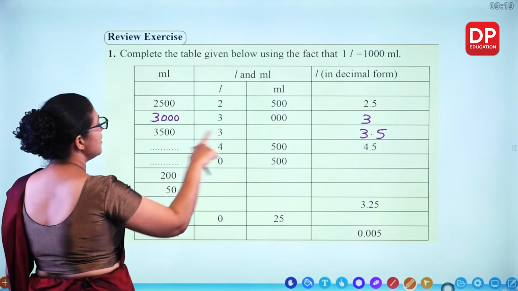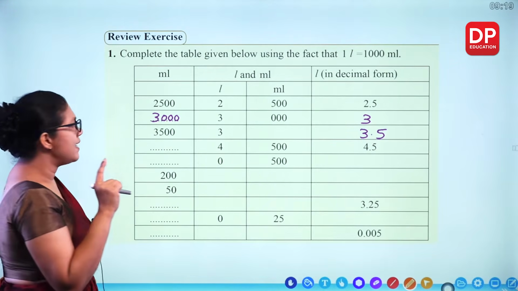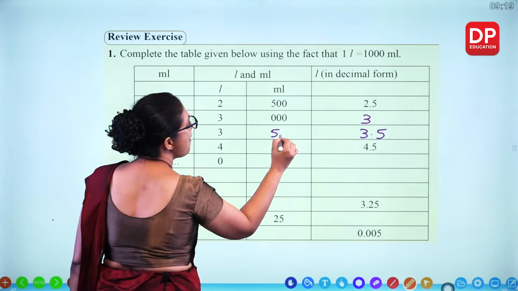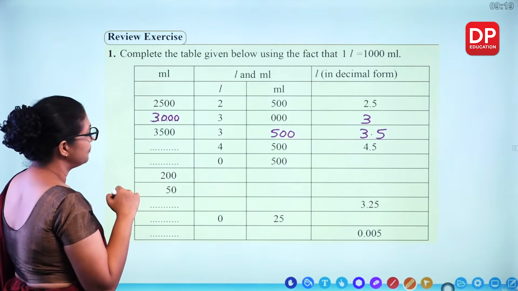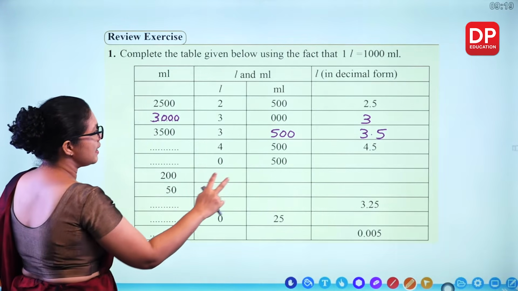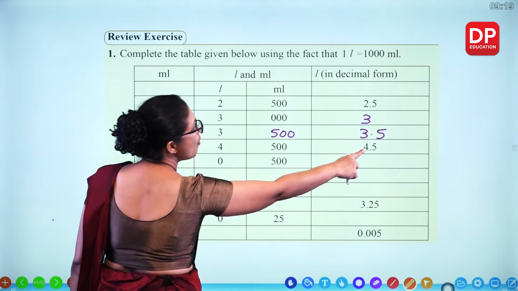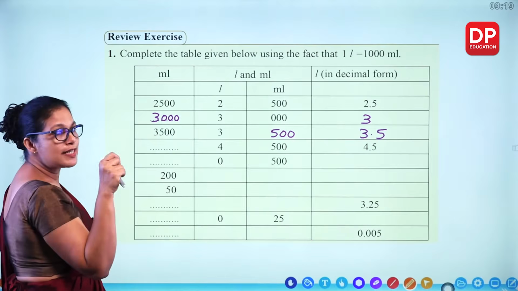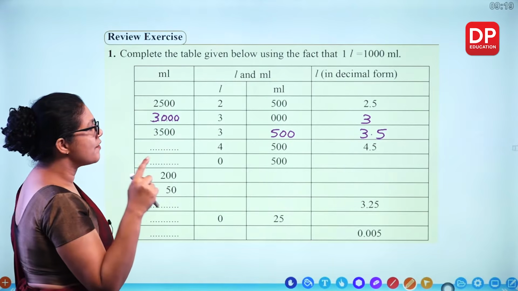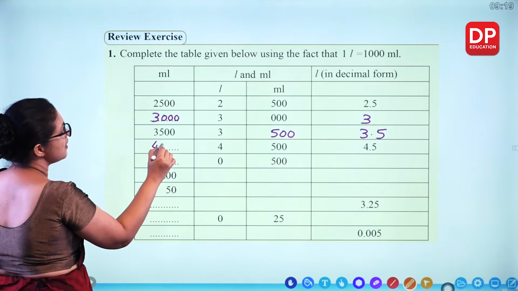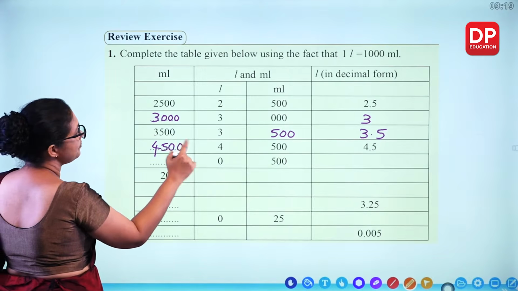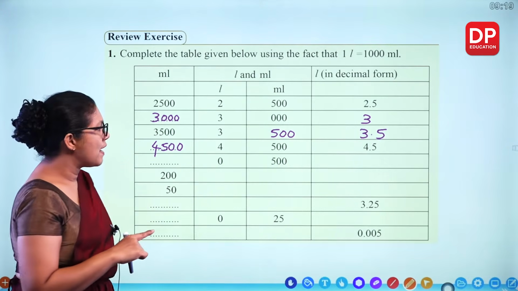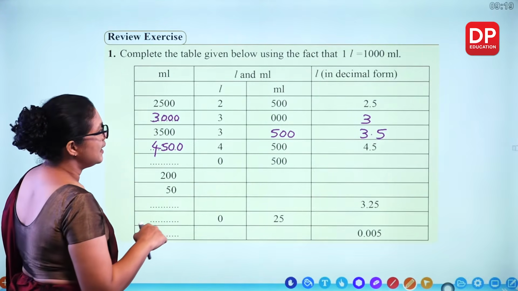This one? So 3 liters and 500 milliliters. Here this one given 4.5 liters. Multiply by 1000, move decimal place 3 places to the right, you get 4500. That means 4 liters and 500 milliliters.